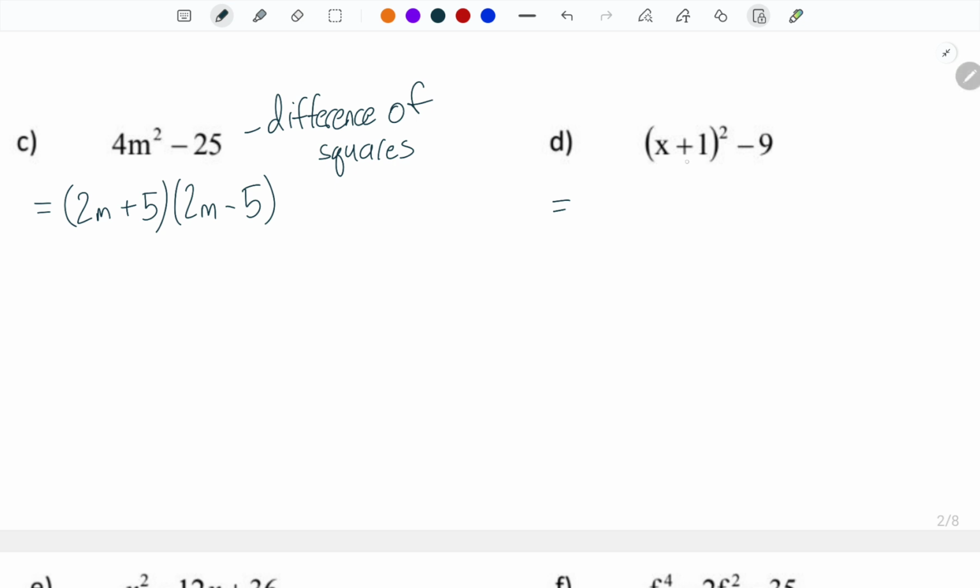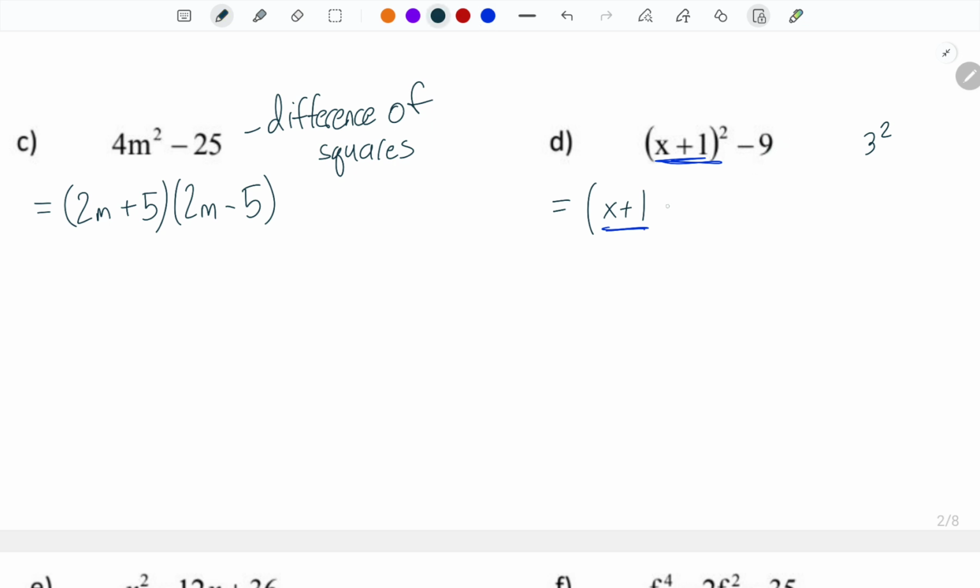Okay, so for this next one, it's x plus 1 squared minus 9. 9 is a perfect square, it's 3 squared. And so this is actually just a difference of squares. In this case, though, the first part is going to become just x plus 1. And then we still have to add and subtract the second part.